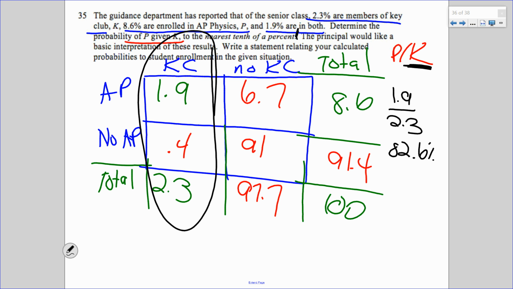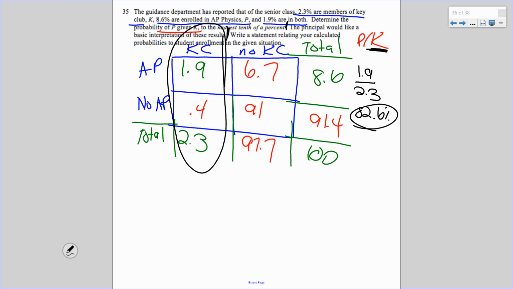The principal would like a basic interpretation of these results. I'm sure he is. I'm sure he does. Write a statement relating your calculated probabilities to student enrollment in a given situation. So basically, it's saying, what does 82.6% mean? Well, always start with 82.6% of what? The condition.